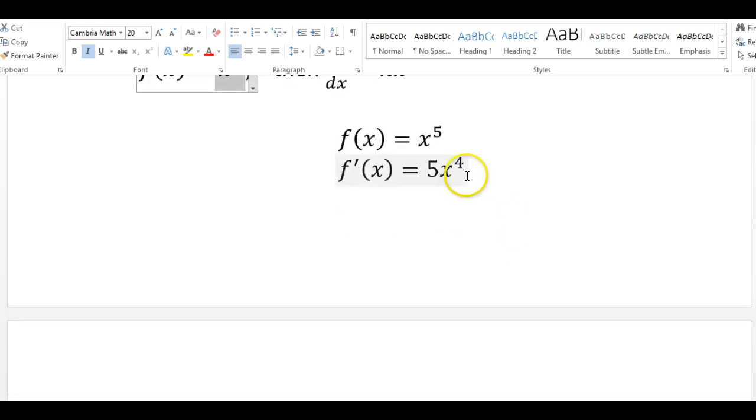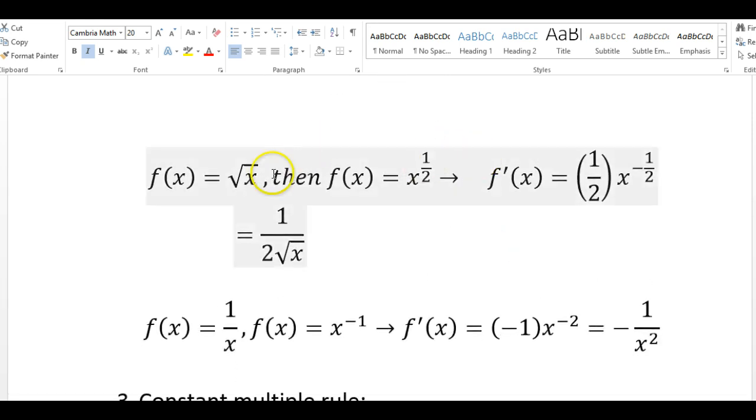This can be used not only for positive powers, it can also be used for weird powers like radicals. For example, if you have f of x equals the square root of x, then the square root of x is actually the 1/2 power. If you differentiate that, what do you think will happen? The same thing. The 1/2 will come forward, so we have 1/2 and x, and then you subtract 1 from 1/2. What happens when you subtract 1 from 1/2?